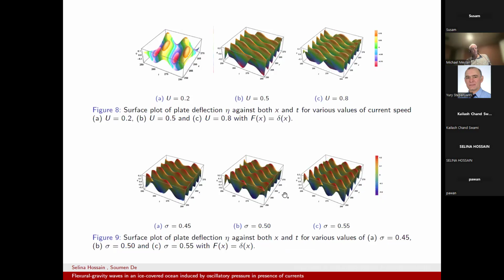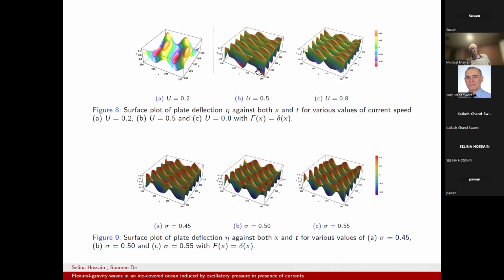In figure 8, we have examined the effect of current speed when eta is plotted as a function of x and t. We can see that as u increases, the amplitude of plate deflection decreases, but the frequency of the wave increases.